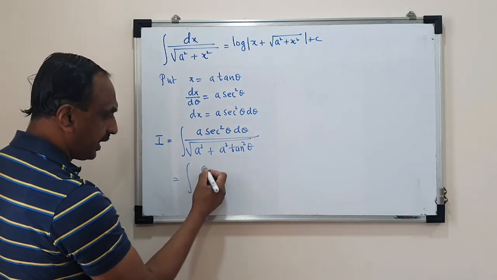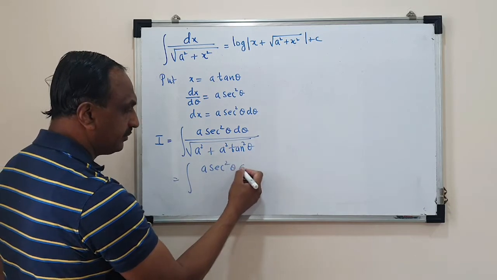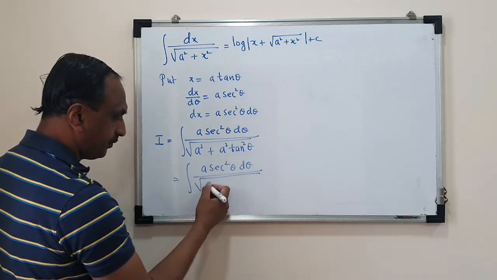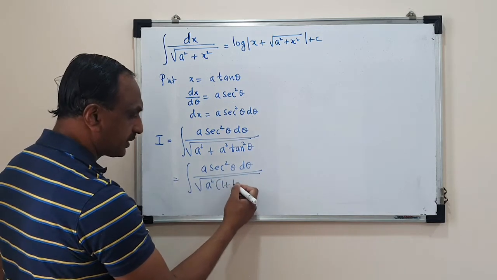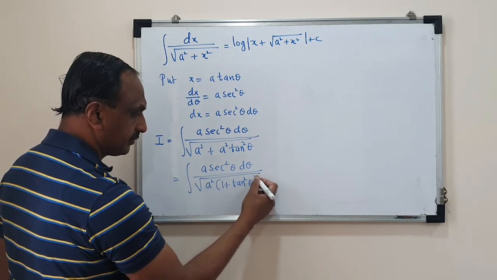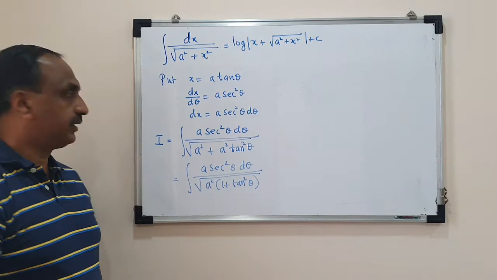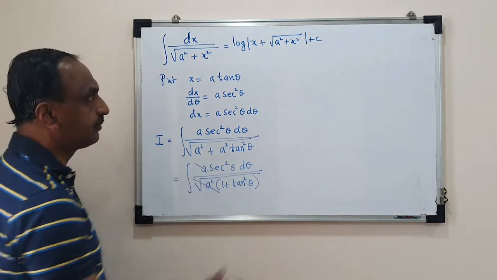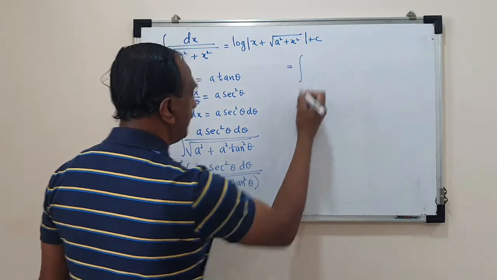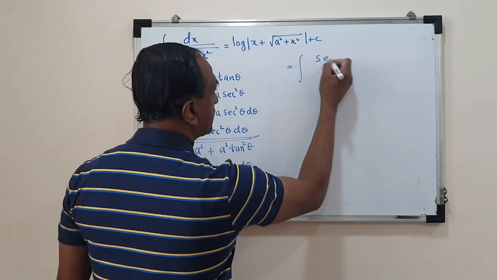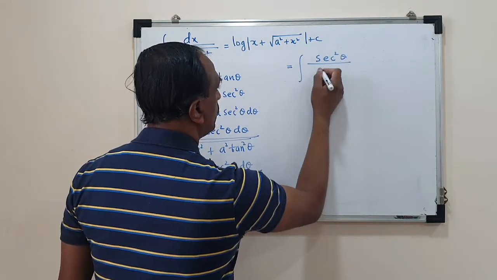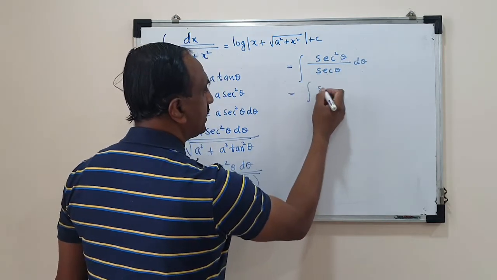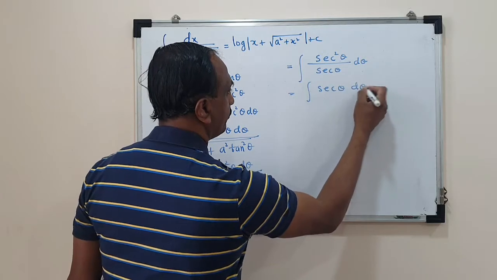That became a sec square theta d theta divided by root of a square into 1 plus tan square theta. This is how we can simplify that. This and this will get cancelled. You will be having integral numerator sec square theta, but denominator there is only sec theta. So 1 sec theta remains in the answer.